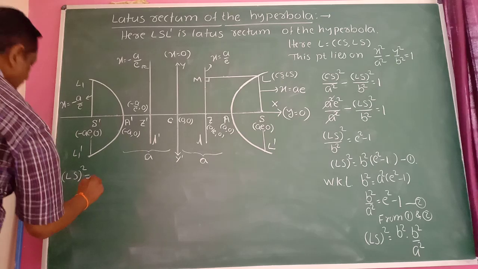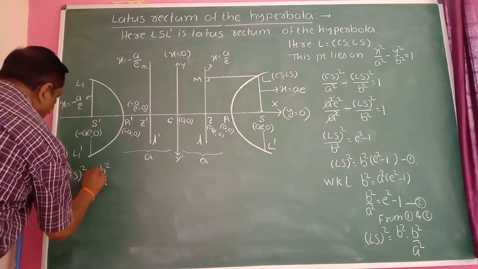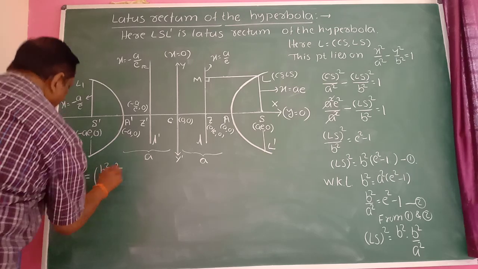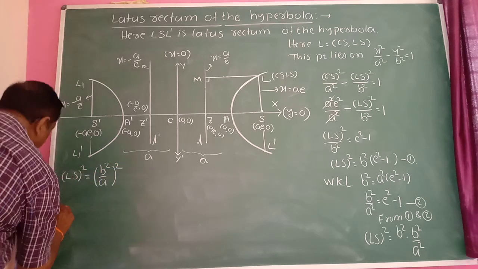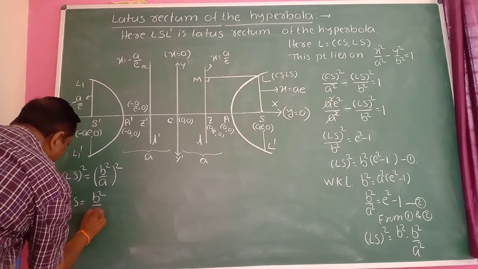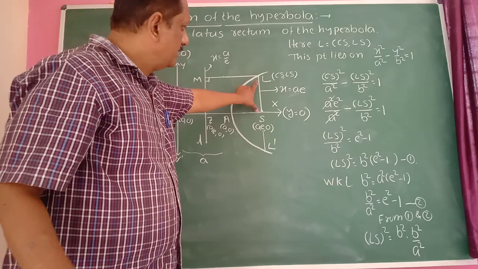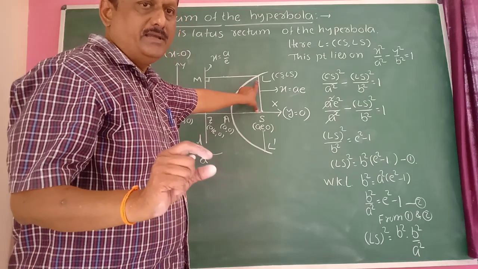You can write it like this also, b² divided by a whole squared. This square and this square cancel, so LS is equal to b² by a. LS is called the length of the semi-latus rectum.